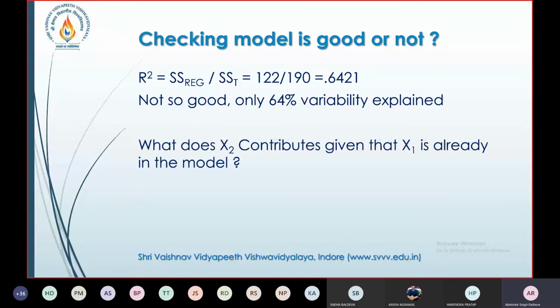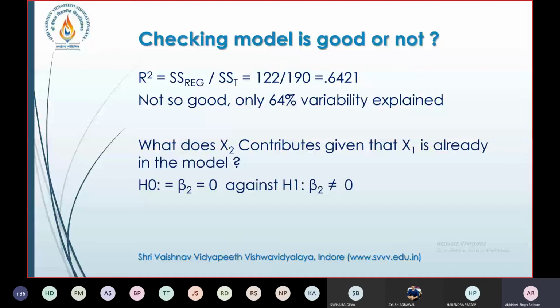So we are again checking what x2 contributes, given that x1 is already in the model, which is what we were trying to check. So again, let's say our hypothesis is that beta 2 is equal to 0 against beta 2 not equal to 0.